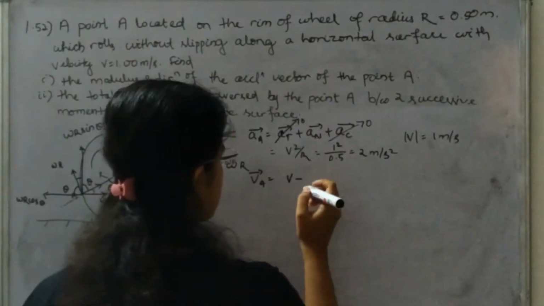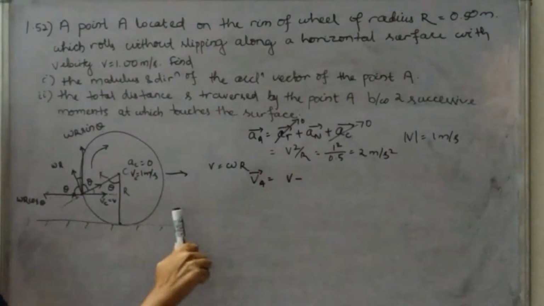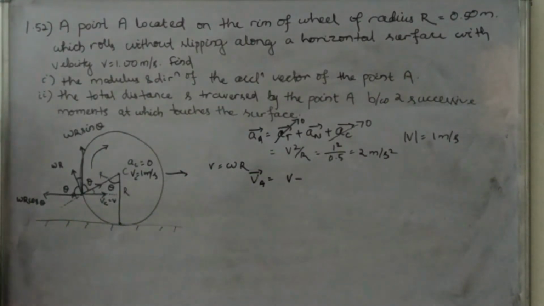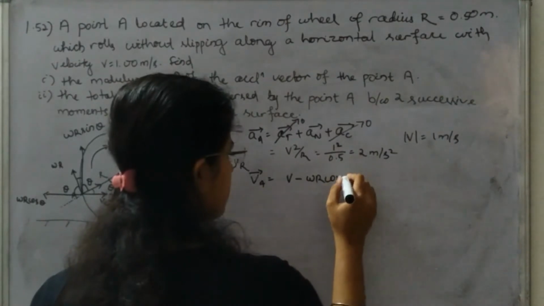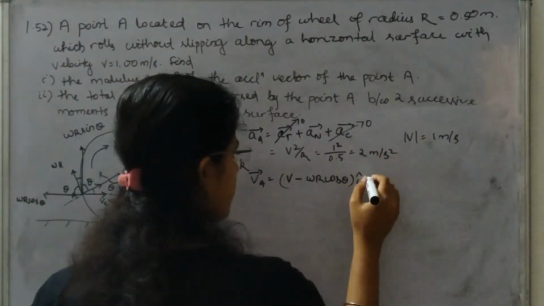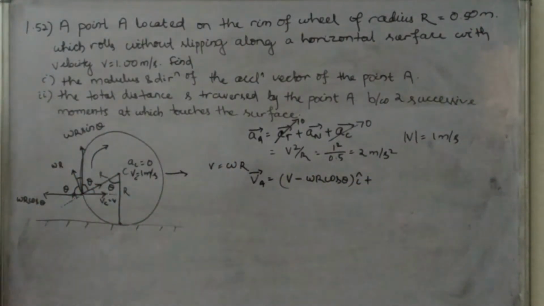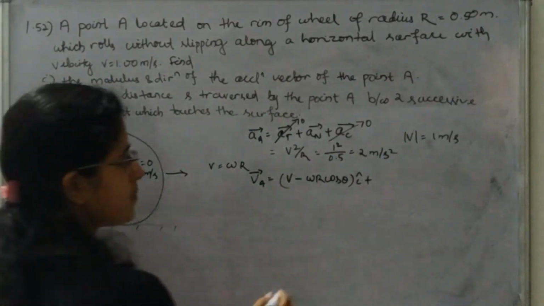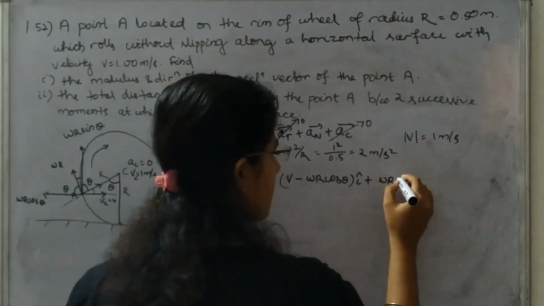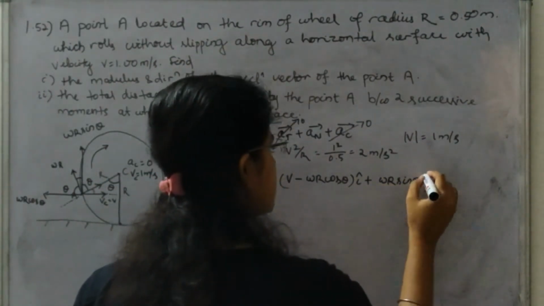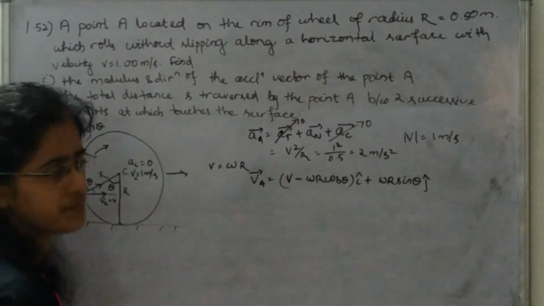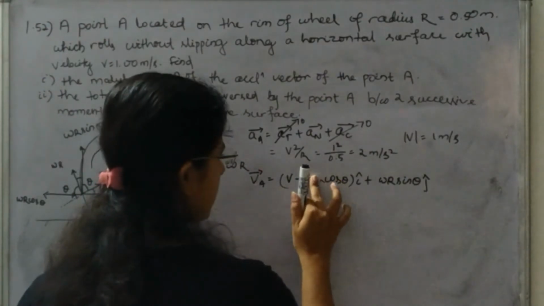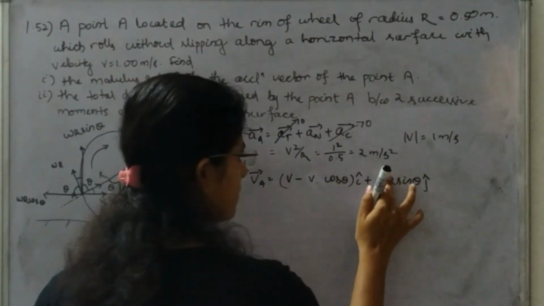So the velocity of point A is V minus omega r cos theta in the x direction, i cap, plus in the vertical direction omega r sin theta, j cap. As this is purely rolling, we can consider V equal to omega r. So in place of omega r, I can put V.